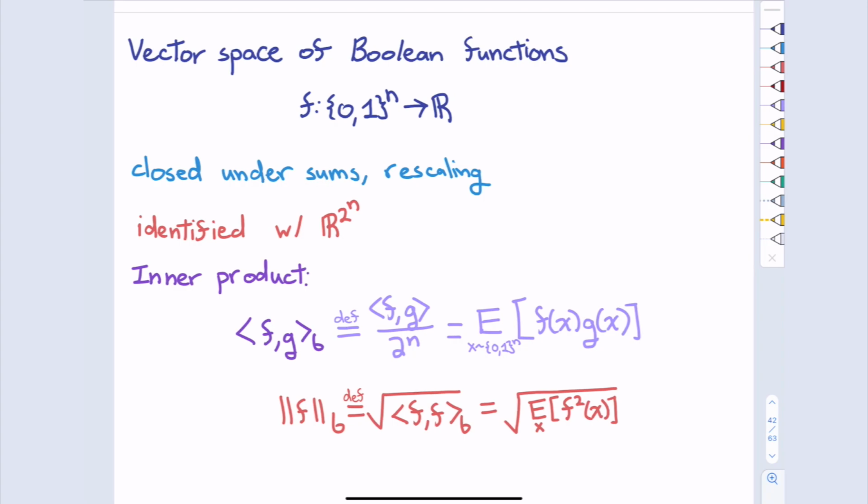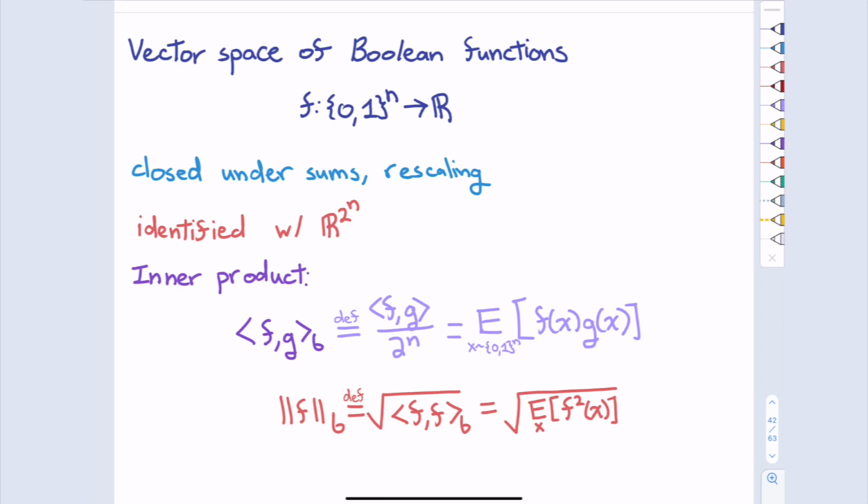That gives you 2 to the n slots, so a 2 to the n dimensional vector space. Now, when you analyze Boolean functions, instead of the standard inner product of just multiplying all the entries together, it's convenient to normalize it. So this inner product, B for Boolean, goes over all the possible inputs, f of x times g of x, adding them up, but also taking their average over the total number of inputs.